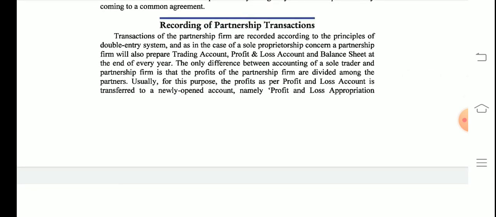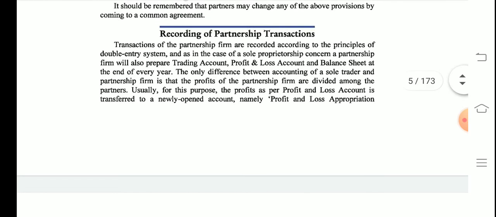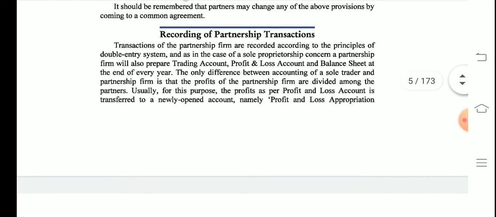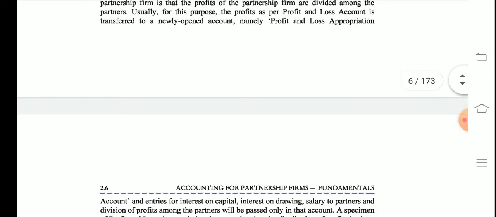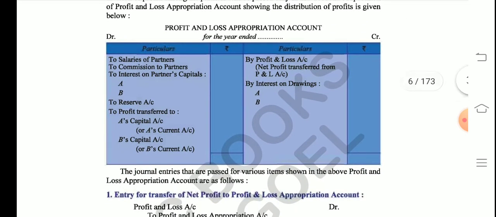So students, keeping in mind the theory of the sole proprietorship, you all need to understand that the partnership will also prepare the normal trial balance, trading account, profit and loss account, and balance sheet. But after that, the profit or the loss has to be divided among the partners, so they will have to prepare one more account. The name of the account that they use to divide the profit and loss among partners is known as the profit and loss appropriation account.